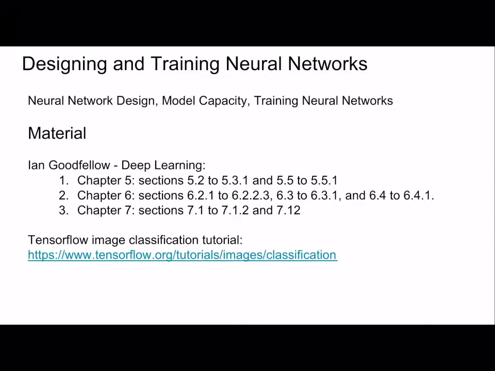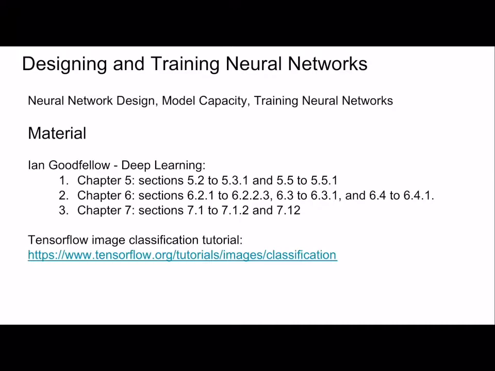And finally, I have also here a link to a TensorFlow tutorial where I was actually going to do this in class. I was going to walk you through the tutorial, but unfortunately, due to the circumstances, I just have the link here so that you can basically try to understand yourself how this process of training, in this case, a convolutional neural network works.